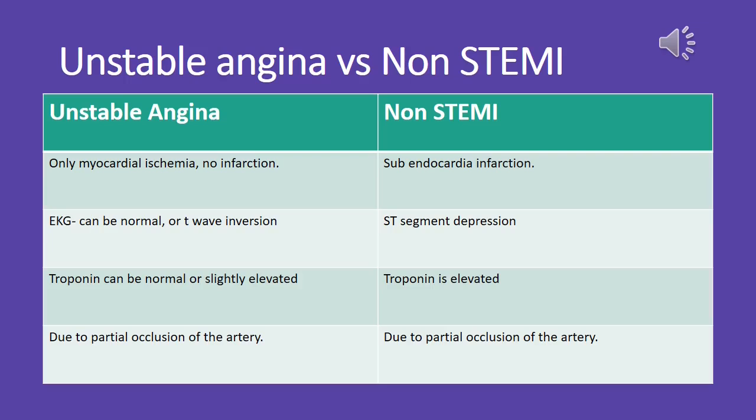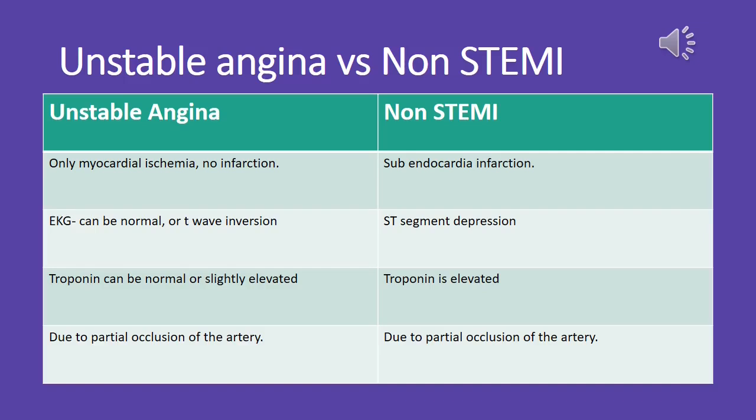If we summarize the differences between unstable angina and non-STEMI MI, in unstable angina, there's only a myocardial ischemia but no infarction. In contrast, in non-STEMI MI, there is a subendocardial infarction. When you take an ECG in unstable angina, the ECG can be normal or there can be a T wave inversion.